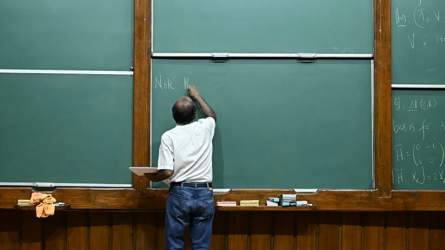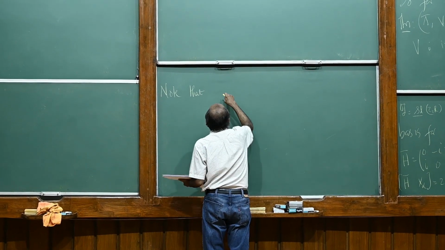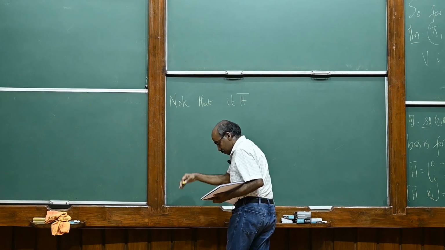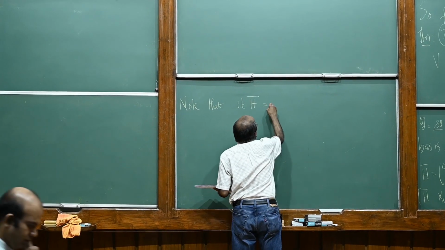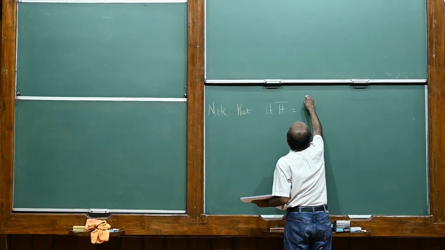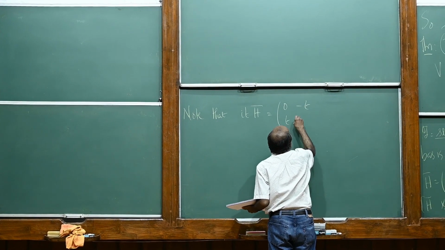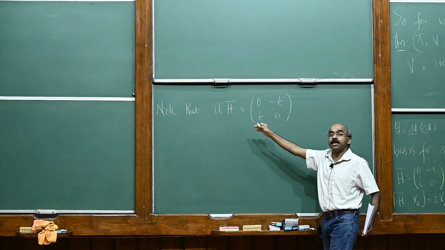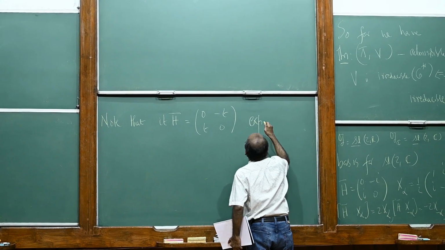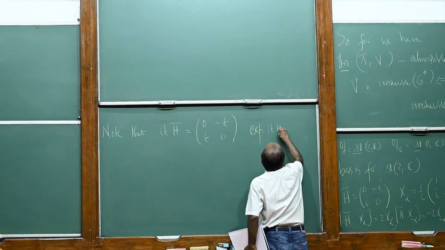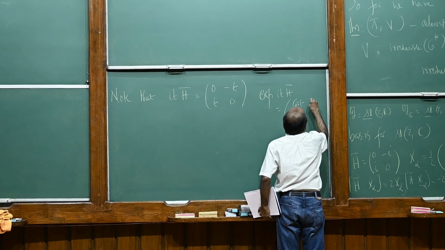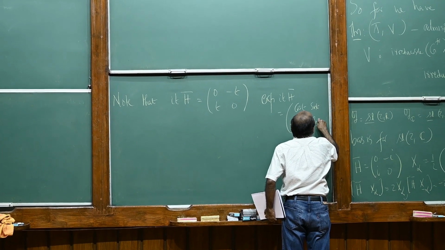So note that i t H bar is something which we have seen earlier, that is (0, -t; t, 0), so that if I exponentiate this, I'm going to get the compact group. So exp(i t H bar) is (cos t, -sin t; sin t, cos t).